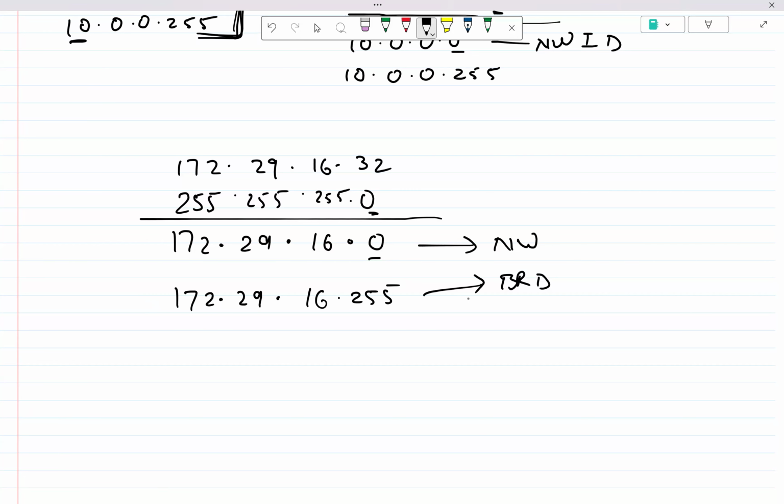In the real world, you may not see such IP addresses where everything is 255. You may not see that every time. You may see some different numbers. And what are those numbers?